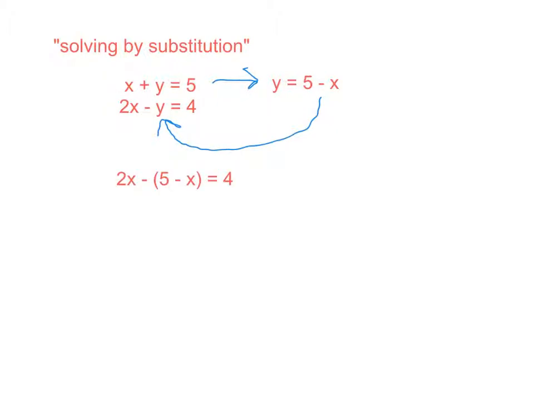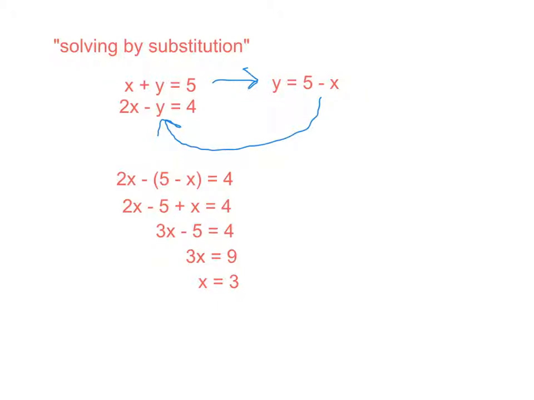So now I have 2x minus, parentheses, 5 minus x, equals 4. If I solve this for x, getting rid of the parentheses, this gives me 2x minus 5 plus x equals 4, which initially gives me 3x minus 5 equals 4, which in turn gives me 3x equals 9, and finally x is equal to 3.